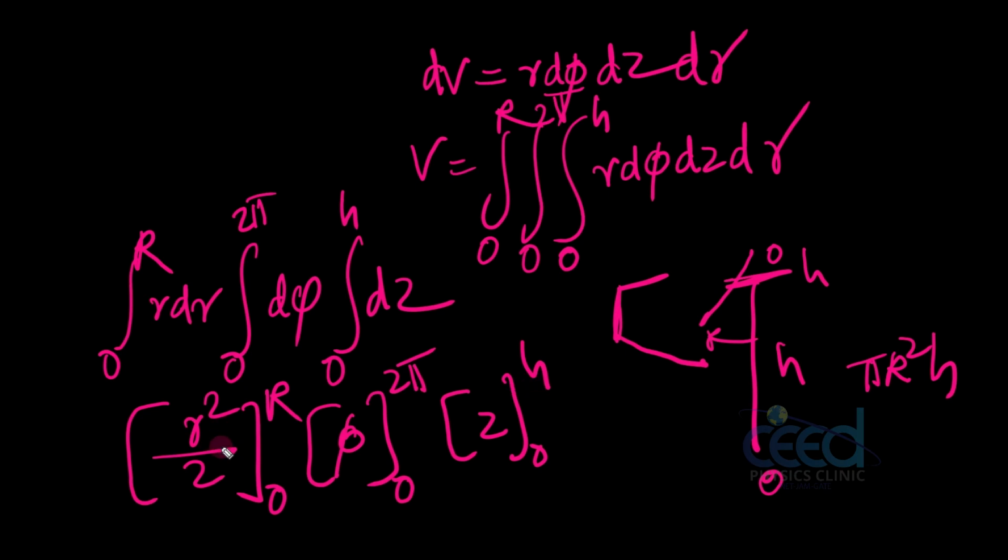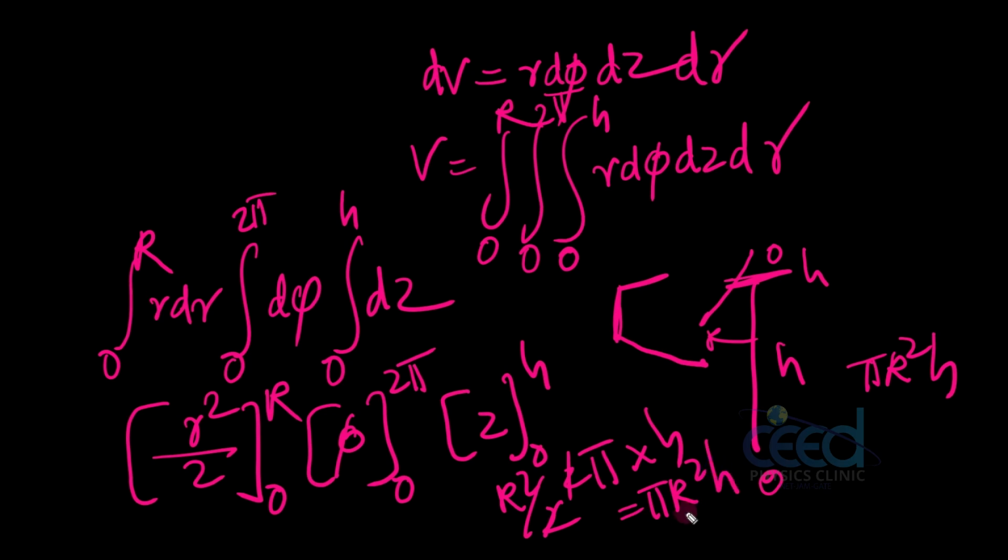Now by applying the limit, this is r square by 2, this is 2 pi, and this is h. So you got pi r square h, right? So the volume element which we have derived is correct. So the volume element of a cylinder we can represent like this.